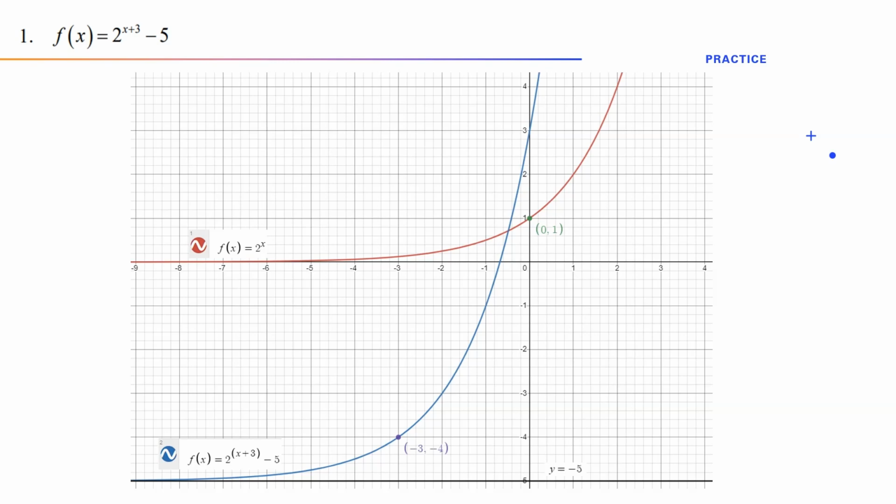So we see that from that point, we go down 5 units, three units to the left.